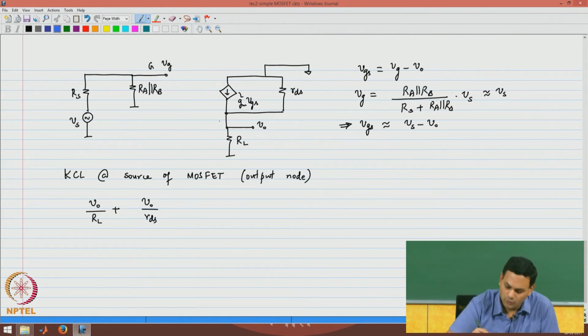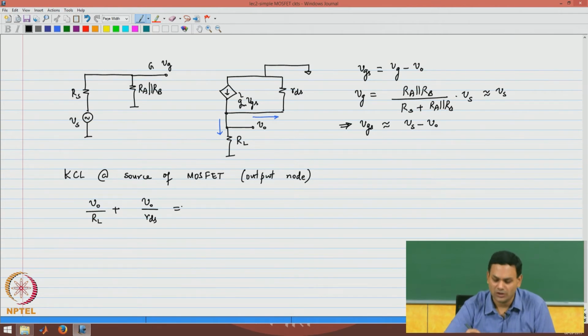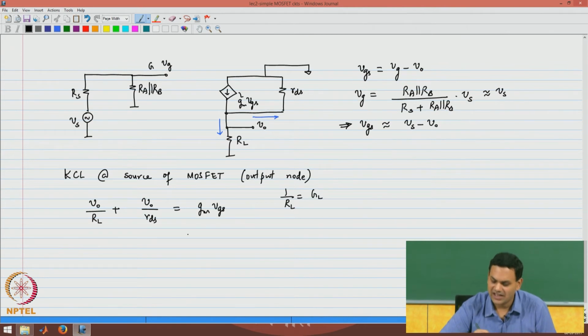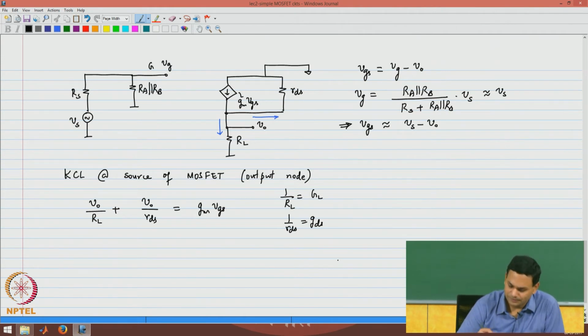So, those are the currents flowing in this direction and this direction, and this should be equal to the total current flowing into the node, which happens to be GM VGS. So, now to make things simpler, I am going to write it in terms of the conductances. Note that 1 over RL is GL and 1 over RDS is GDS. So, you can write the equations in terms of the conductances. Sometimes it makes things easier to visualize.